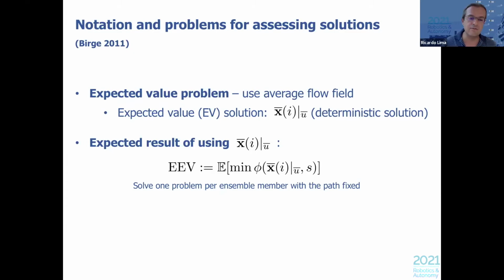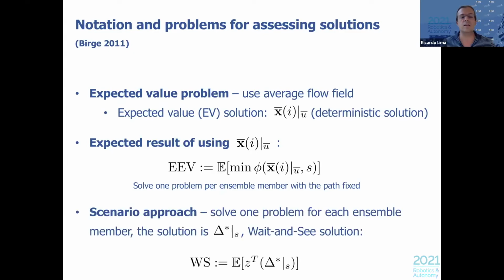An alternative that you can do is what some people call a scenario approach. You pick every forecast that you have from these 50 members of the ensemble, and you solve one problem to minimize the time for each forecast, right? At the end, you can calculate what is the expected time of all these problems.